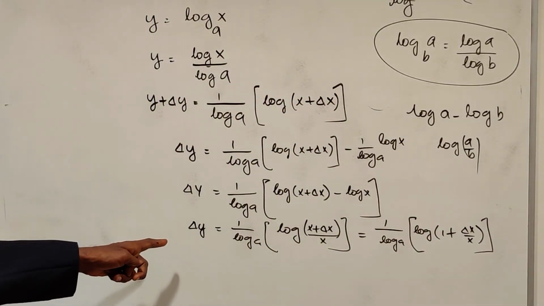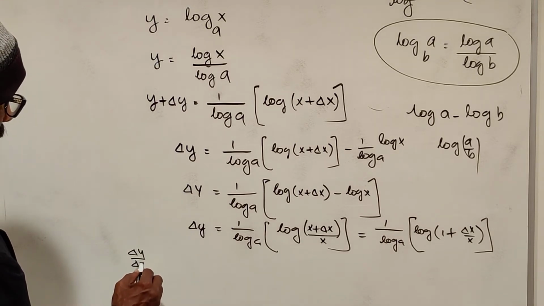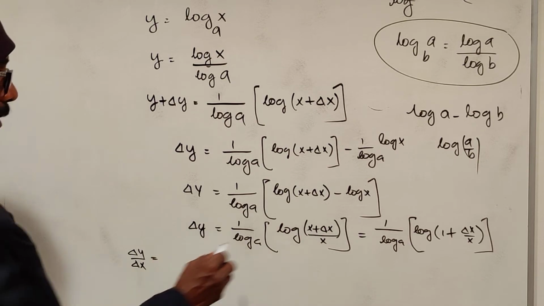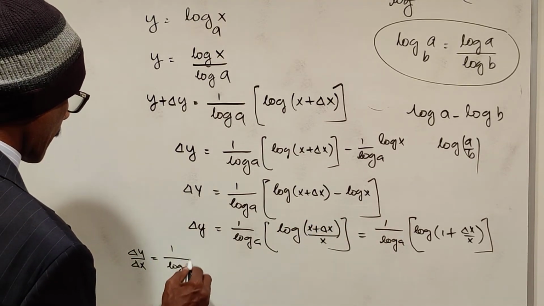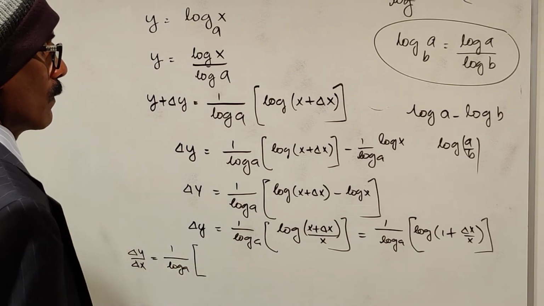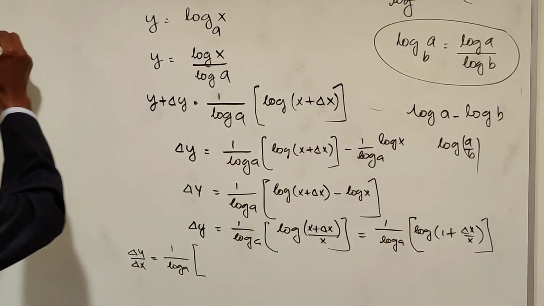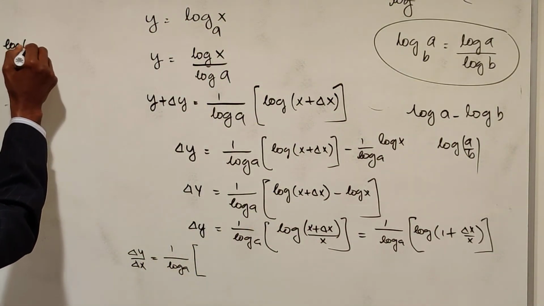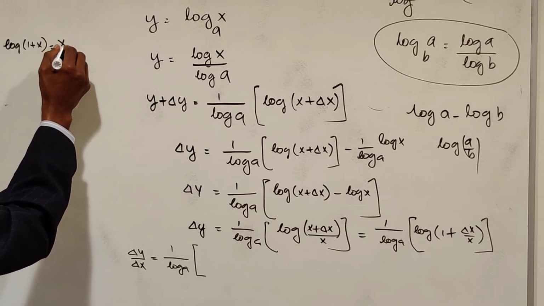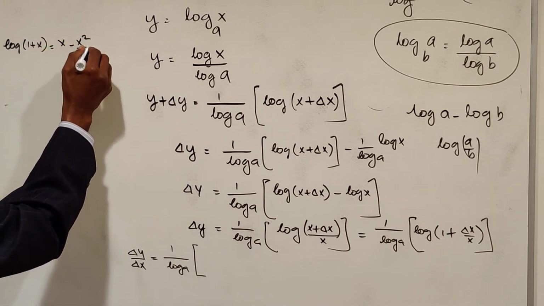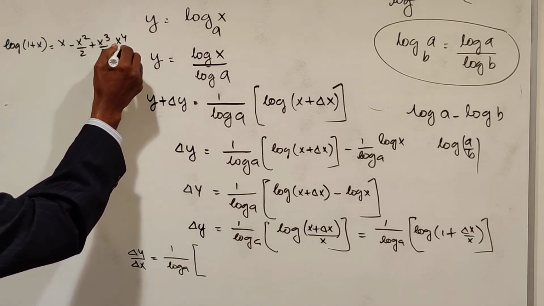Okay, next delta y by delta x. Delta y by delta x equals 1 by log a, and what is log 1 plus delta x by x? Log 1 plus x is x minus x square by 2 plus x cube by 3 minus x raised to 4 by 4.